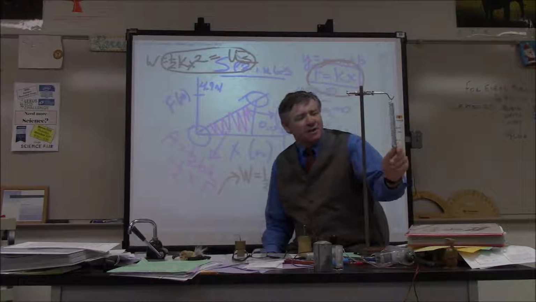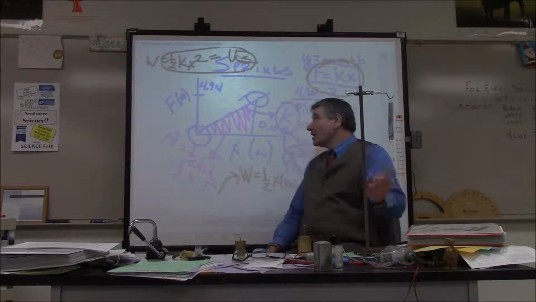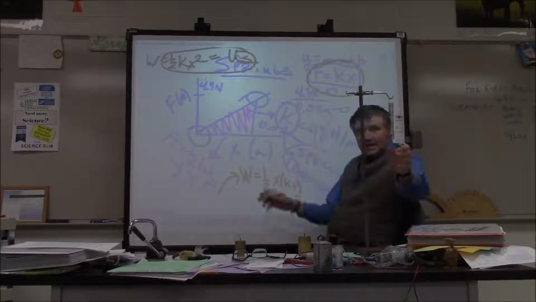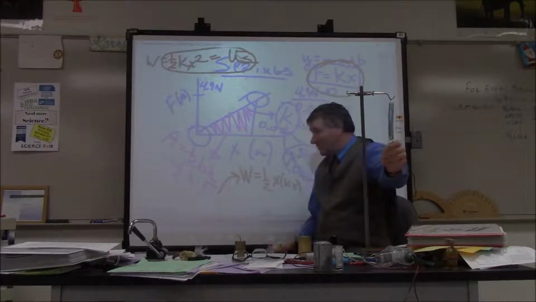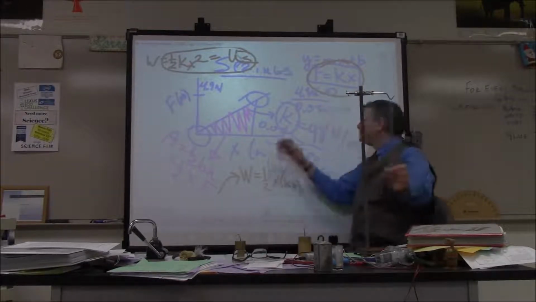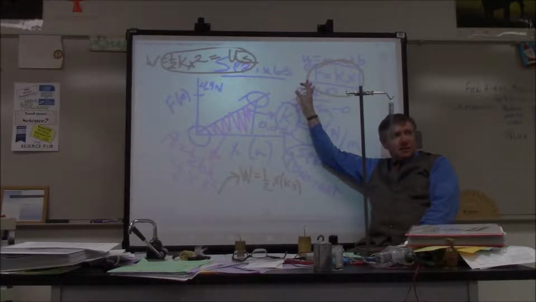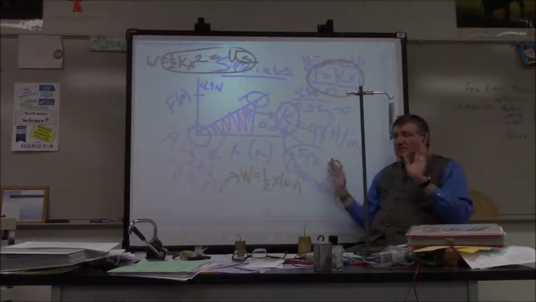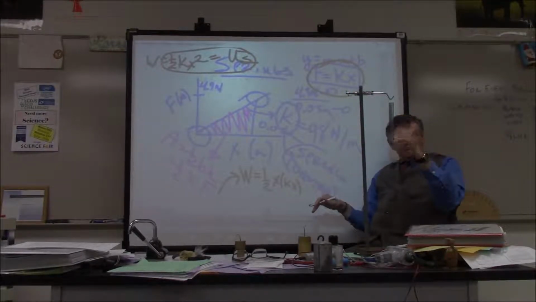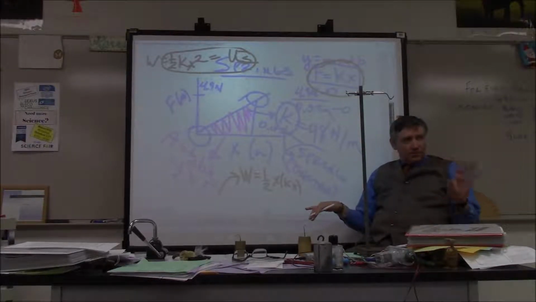All right. So when I pull this thing down, I'm doing some work, storing potential energy. So if I double the distance that it stretches, what has to happen to the amount of force that I have to apply? It doubles. Why? It's a linear relationship. So if I want to double the elongation, I have to double the force. Cool with that?